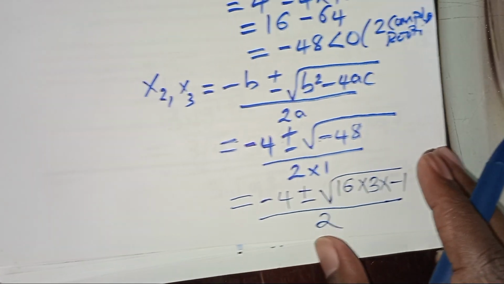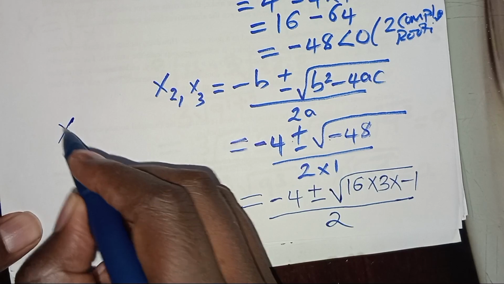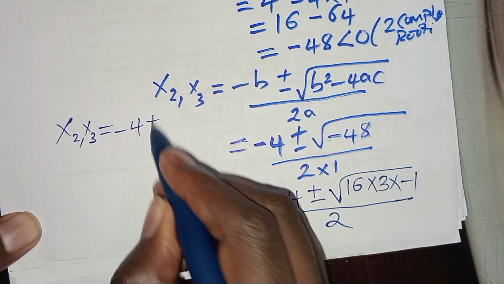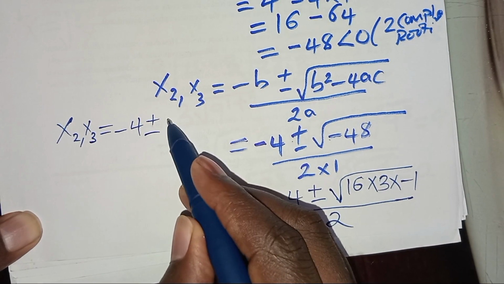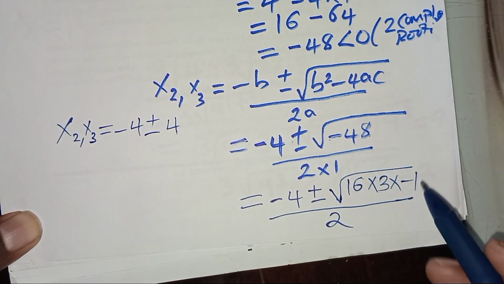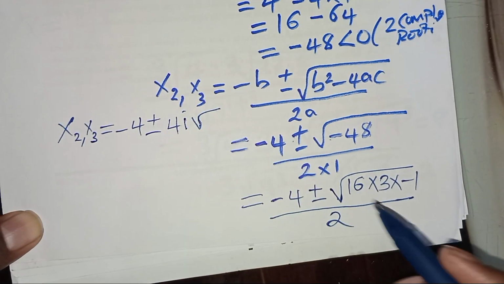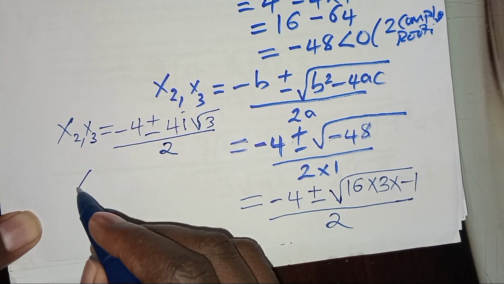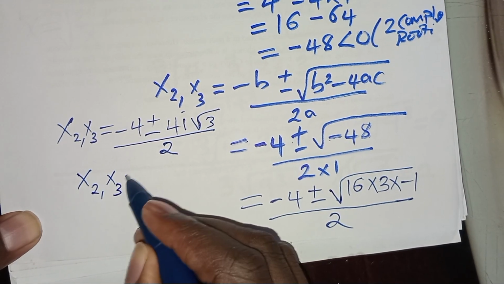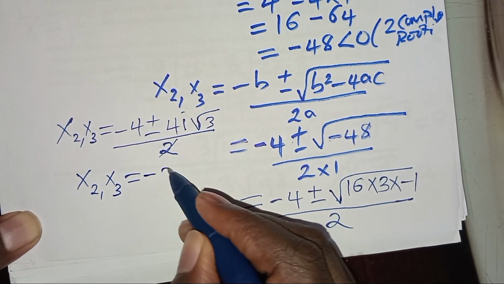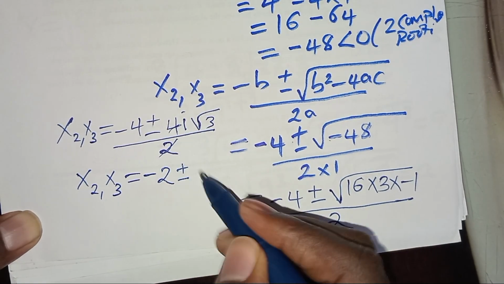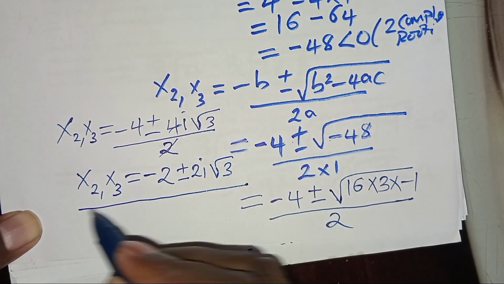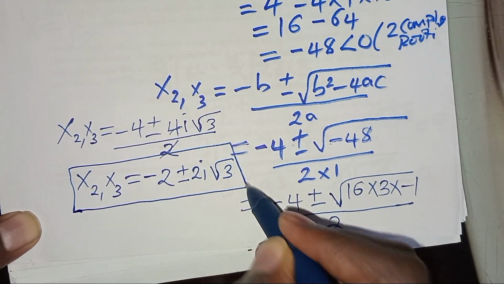Now from here, we have that x2, x3 is equal to negative 4 plus or minus the square root of 16, which is 4, square root of negative 1, which is i, then square root of 3, everything divided by 2. So x2, x3 is the same thing as negative 2 plus or minus 2i square root of 3. Now these are two complex roots.